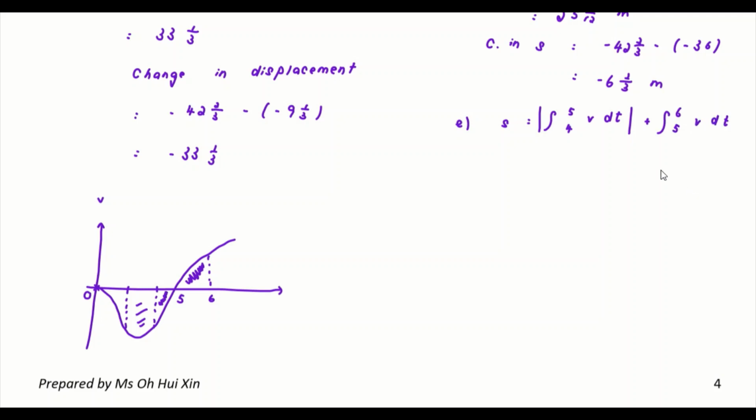Please remember that although there's a property that you can combine them together, you can't do that here. Because when you combine, the area that you get is going to be the sum of these two numbers, and because this number is negative, when you add them together it's not equal to adding two positive numbers together. So the number that you get will be smaller.